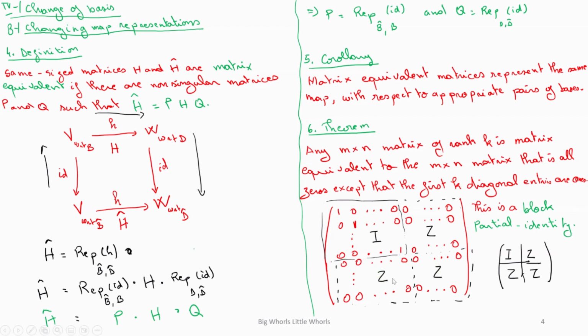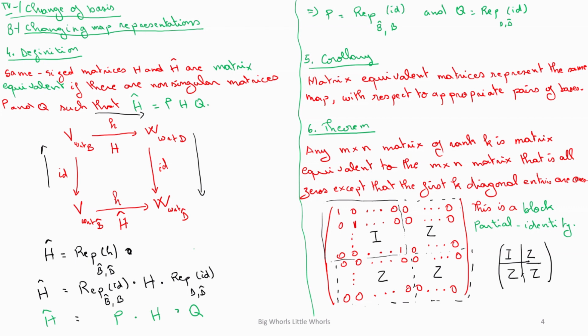Is that okay? This is known as the block partial identity, and the theorem says that any m by n matrix of rank k is matrix equivalent to the block partial identity matrix that is m by n.